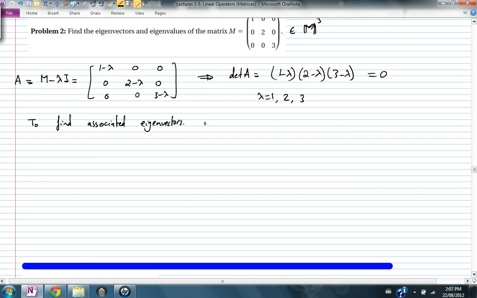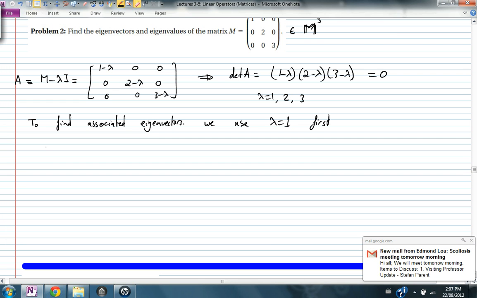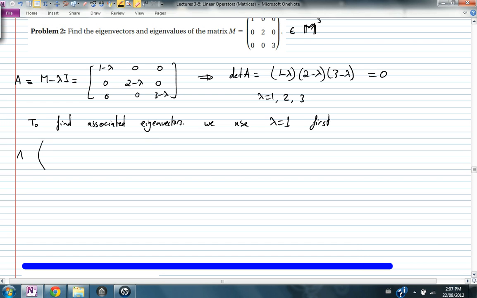we use lambda equal 1 first. So I put lambda equal 1, so the matrix A, 1 minus 1 is 0, 0, 0, 2 minus 1 is 1, 0, 3 minus 1 is 2.